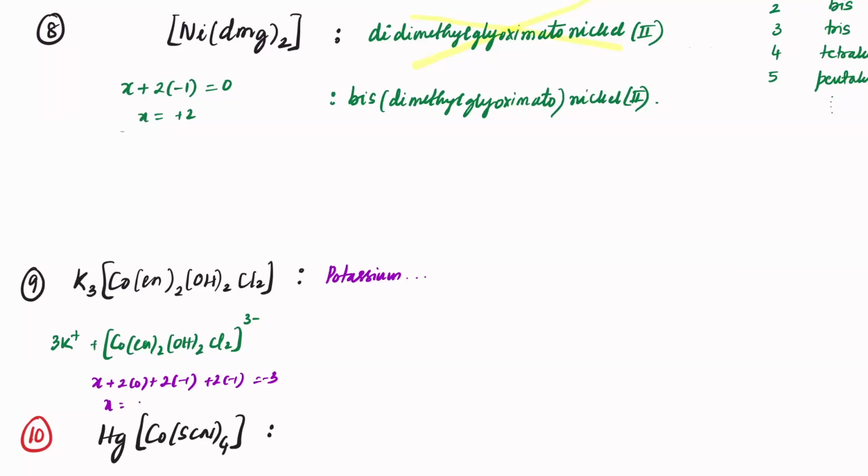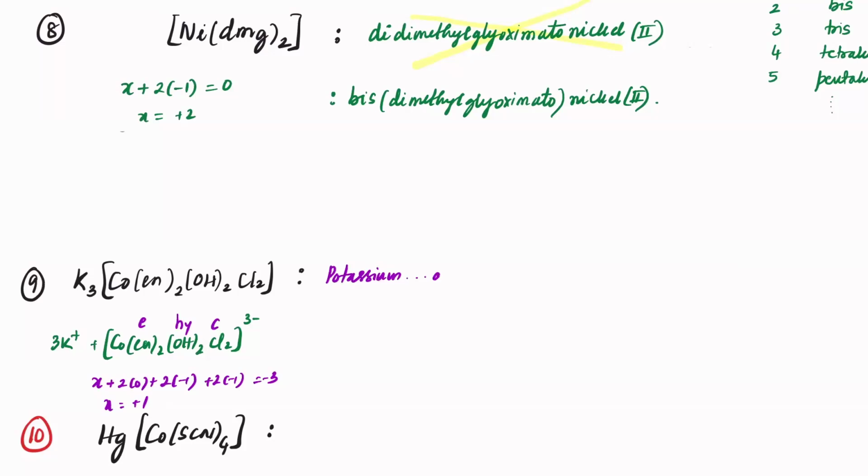So x is equal to plus 1. Okay. So potassium, then we have to write alphabetically. This will become hydroxo, this is ethylene, and this is chlorine. So it is the chlorine which we have to write first.